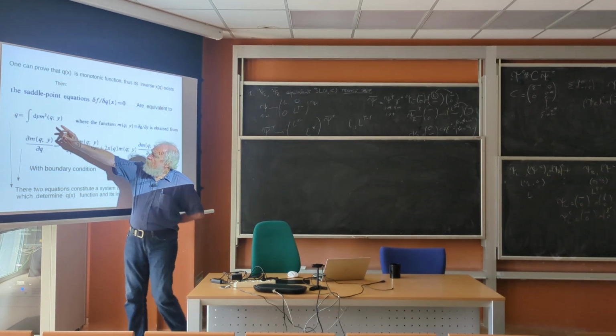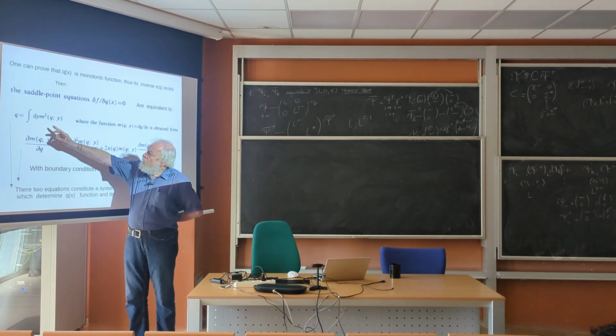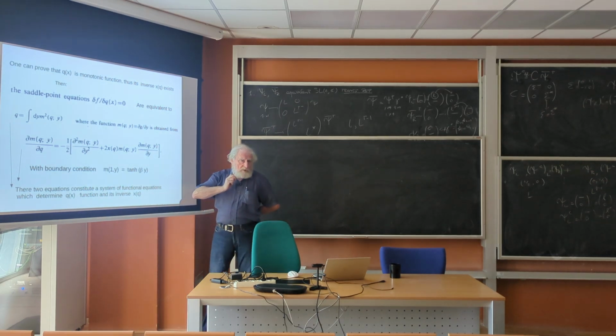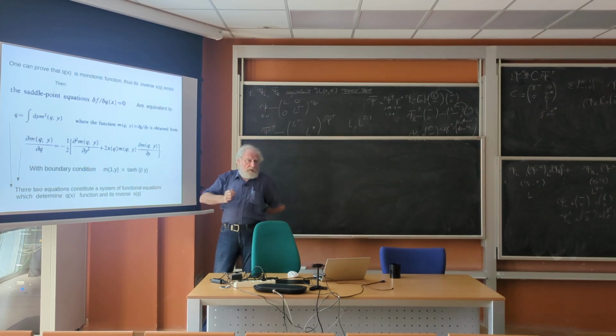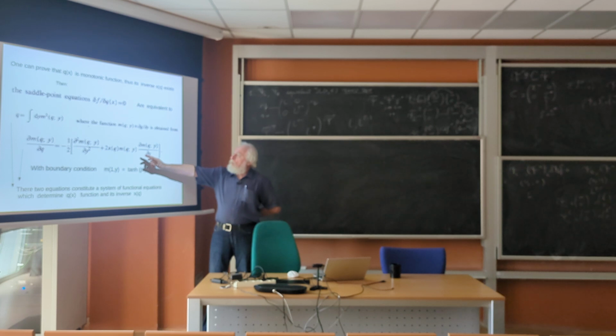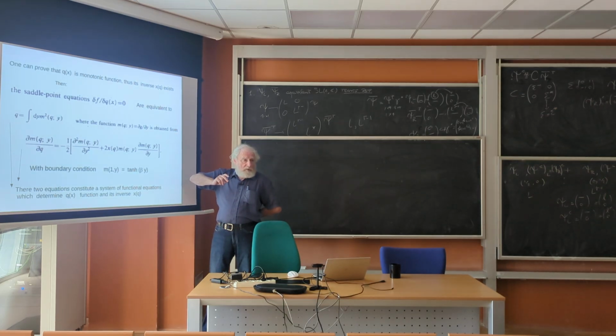Q is the integral of m squared. M, as you can guess, is a local magnetization in the presence of field Y. And the equation for this M is written here. It comes when you make a variational derivative of the functional f. This equation again has a boundary condition.